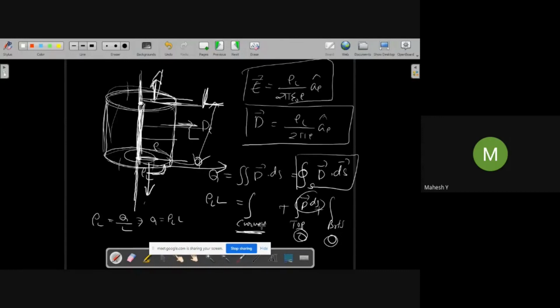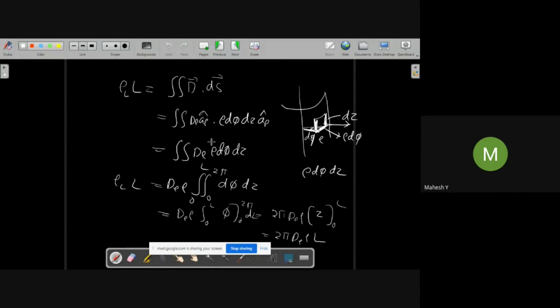And only on the curved surface do we have integration. For a cylindrical curved surface, remember this, dS is rho d phi dz, and the vector dS is a rho cap. This we have discussed once, you can just refer to your notebook. So substitute that, find the dot product and integrate.